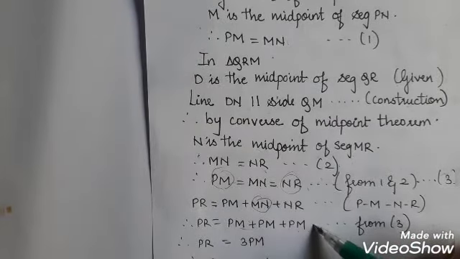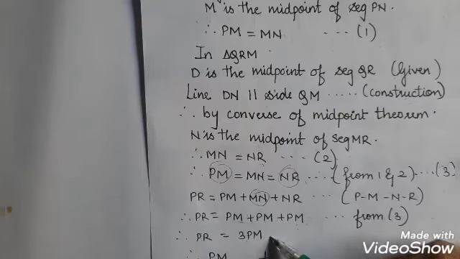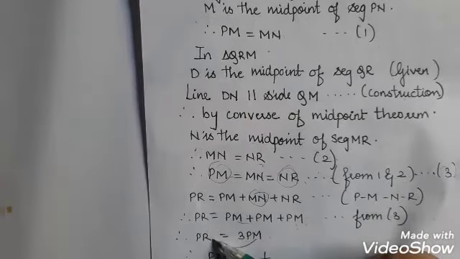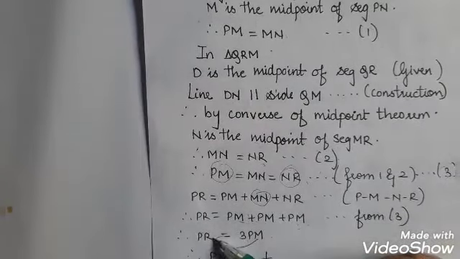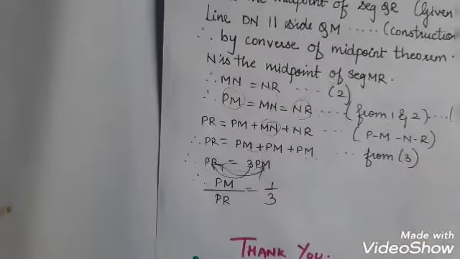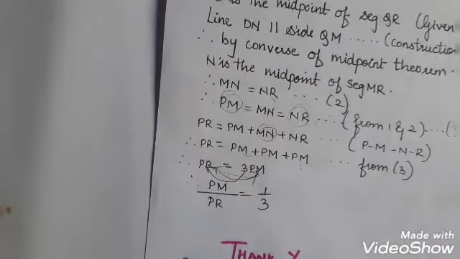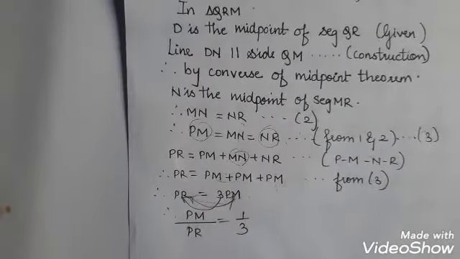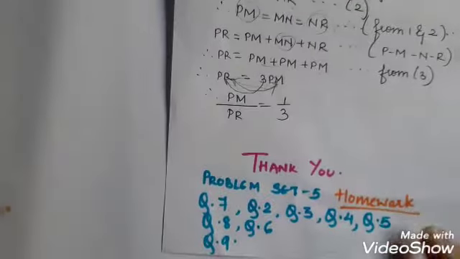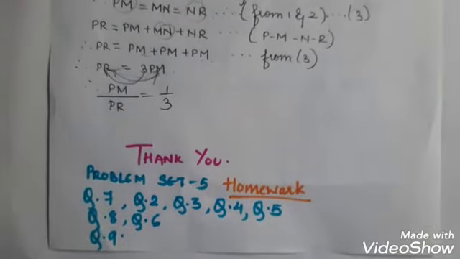So all the three are PM. So PR is 3 PM. So this PR I shift over here, and 3 I shift on that side. That means PM upon PR is equal to 1 upon 3. So that has been proved.